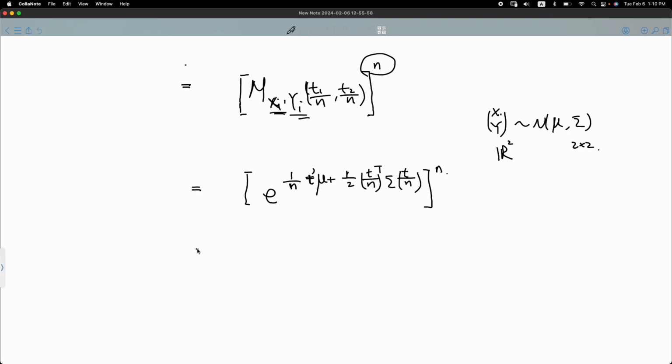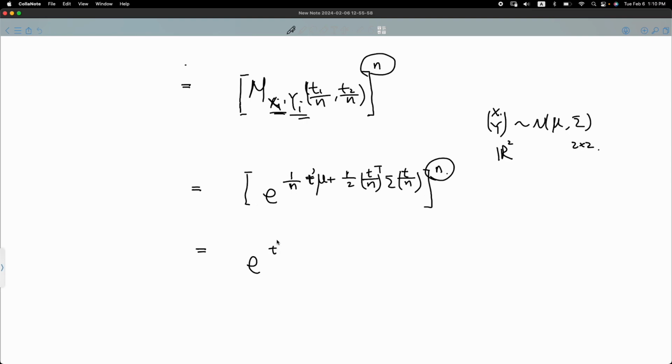Yeah, and then now we just need to bring in this n here. N copy of the products of the exponential is the exponential of sum. So you have a sum over n copy of this, I mean in the power inside here. So basically just multiply by n in the exponent here.